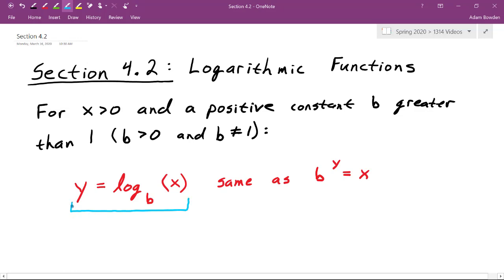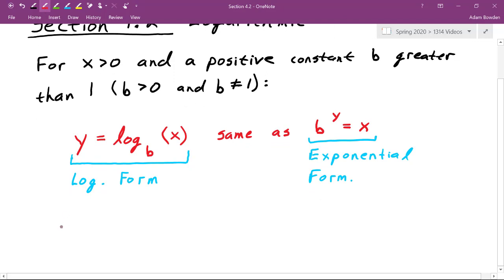The way I wrote it with a log, we call log form or logarithmic form. The other, which goes back to the last section, we call exponential form. So there are two ways of writing this: in log form or in exponential form.